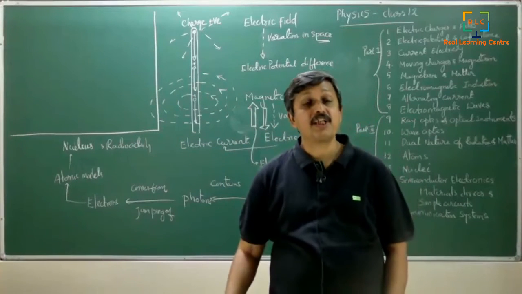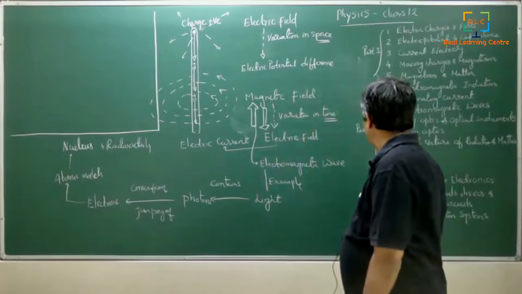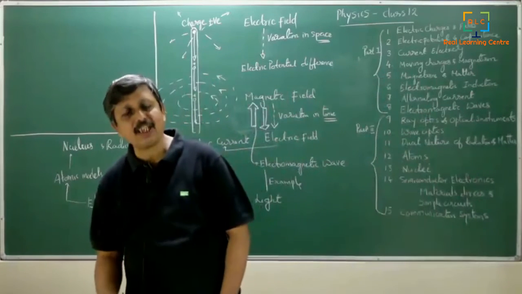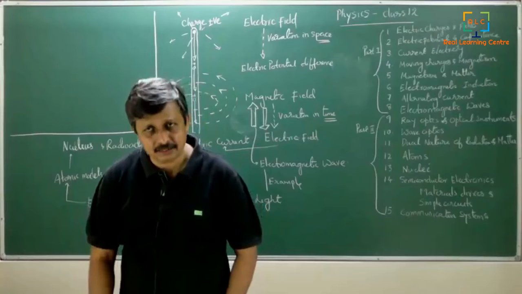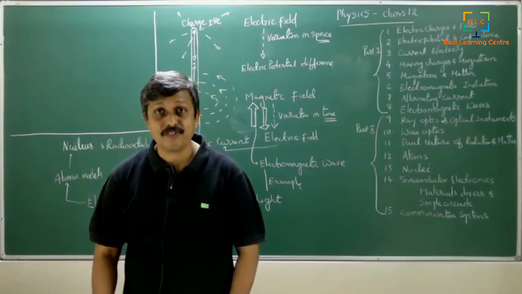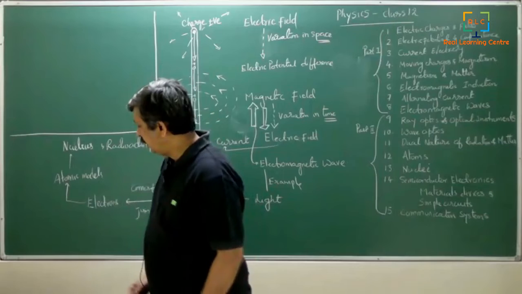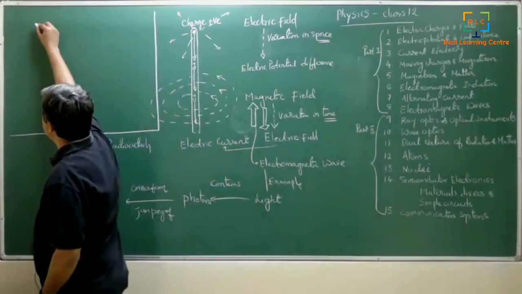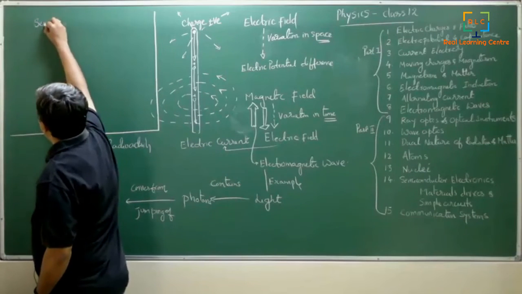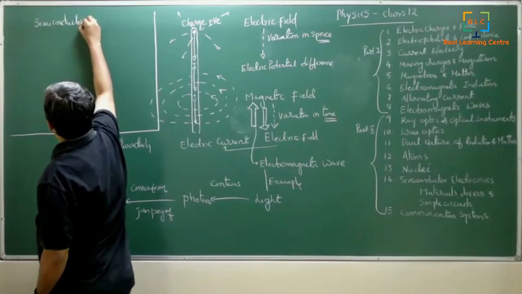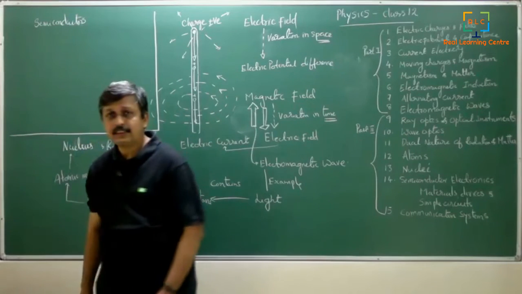So what do we do in applications? We talk about electronics. Electronics is one of the most important applications which happened in the last 30-40 years of physics. If you look at electronics, it is fundamentally triggered by what we call semiconductors. These are some strange things.